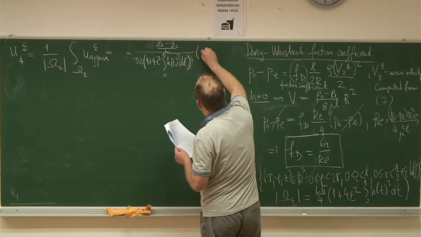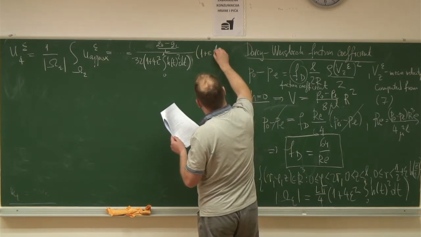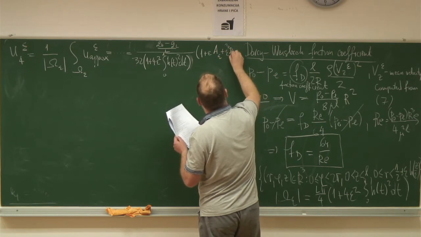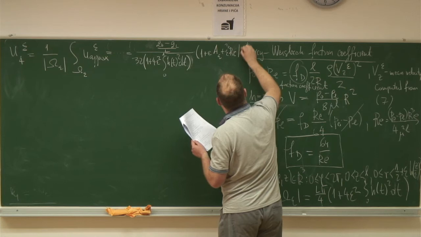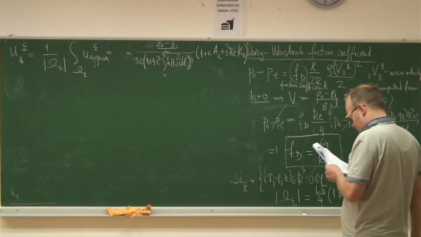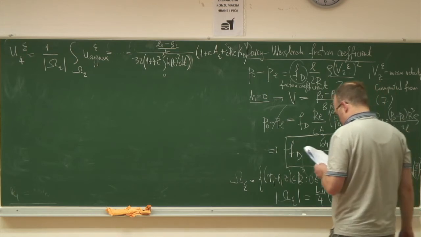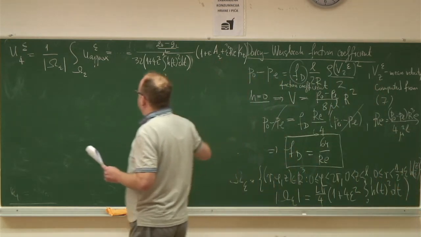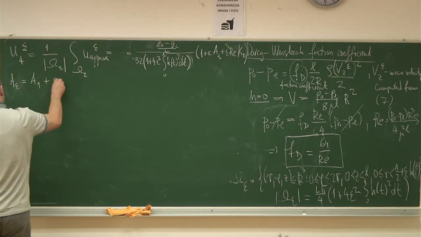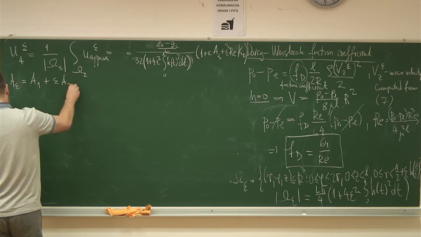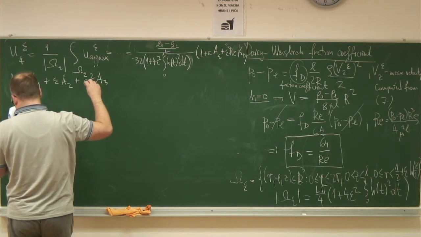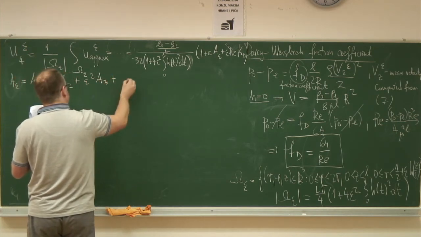And here we have something like this. So this A epsilon is something like this. I will not write all these constants, but they can all be computed via some integrals.